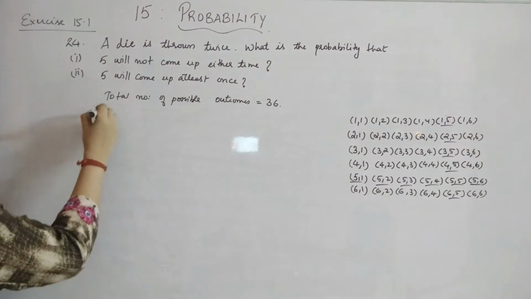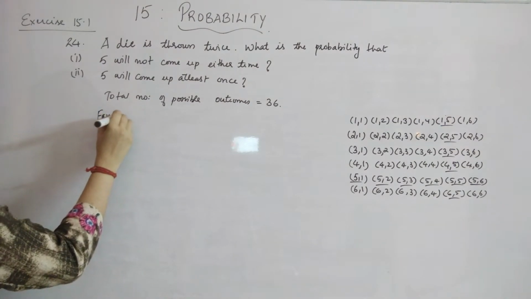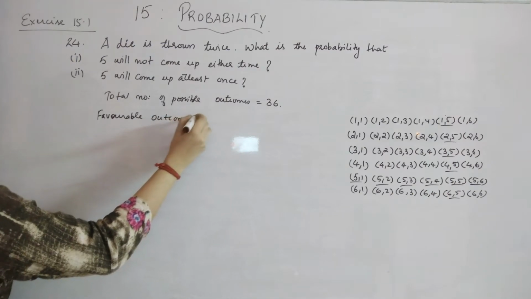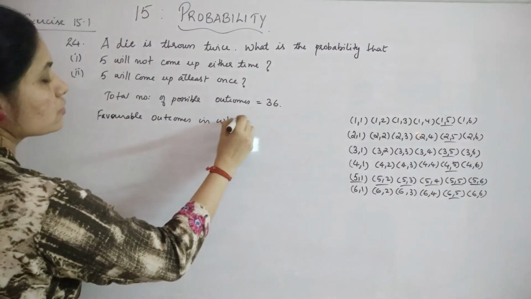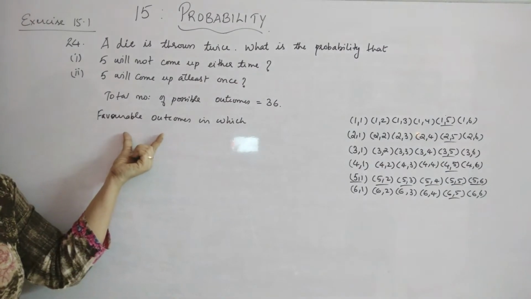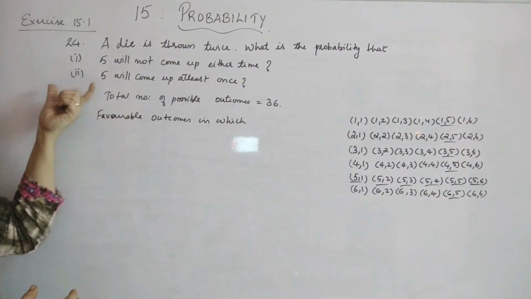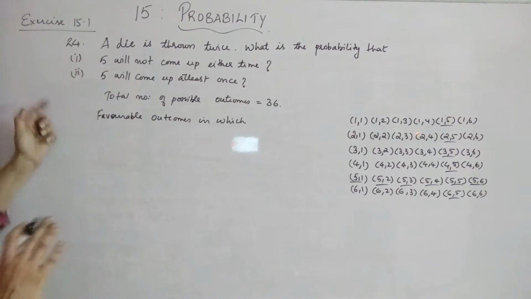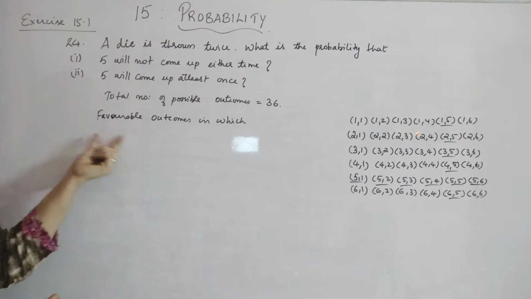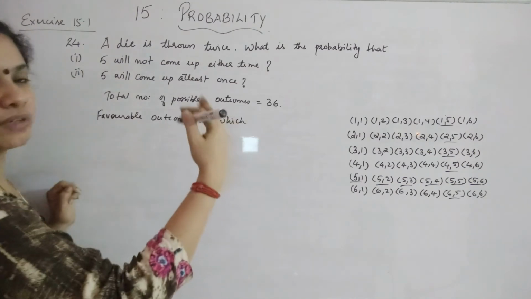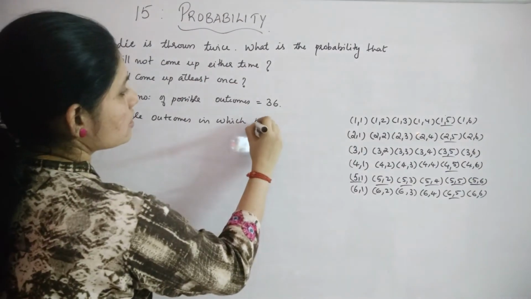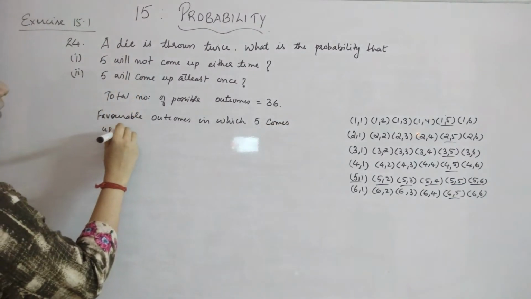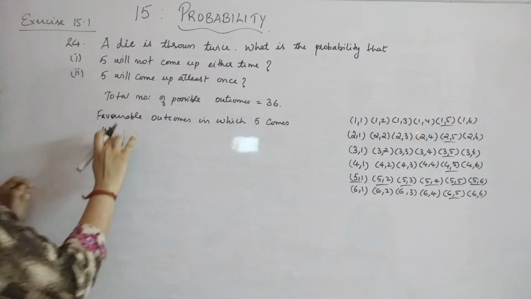So the favorable cases in which 5 appears, we have to mention which one we are taking as the favorable case, because here they have not given it. In both the questions you have separate or opposite things. So we are mentioning favorable outcomes in which 5 comes up.